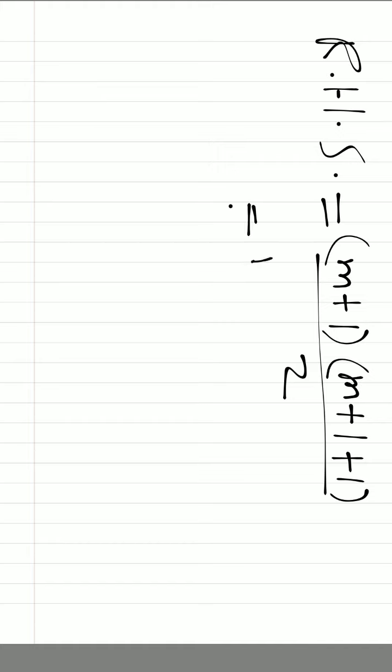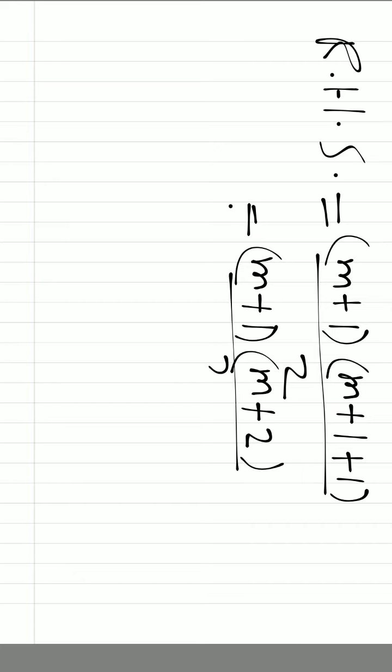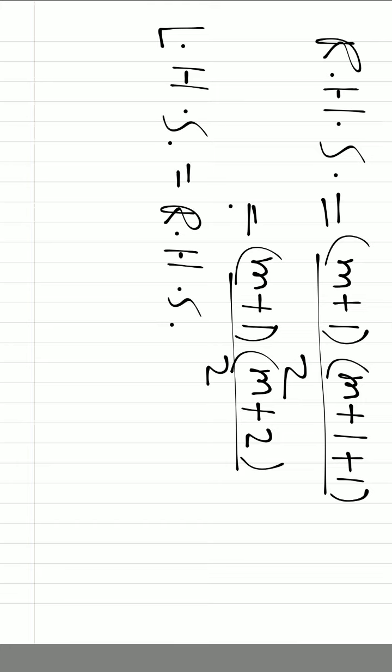So here we can write m plus 1 times m plus 2 divided by 2. So it is the same with the previous LHS, and we can write that LHS is equal to RHS here. That means the statement Pm plus 1 is also becoming true.